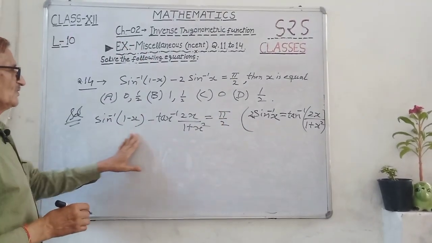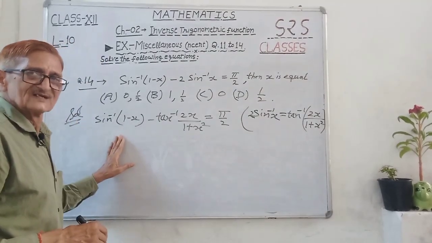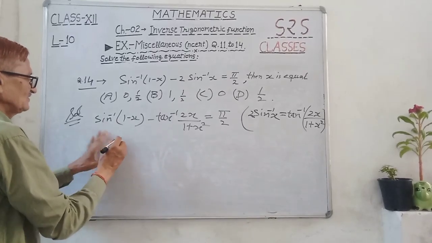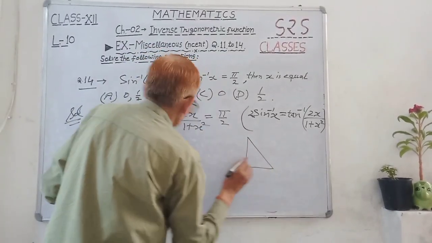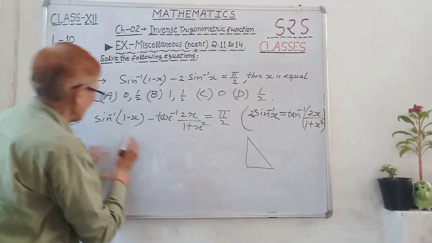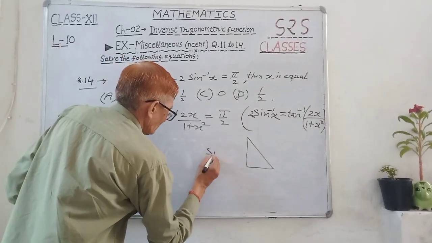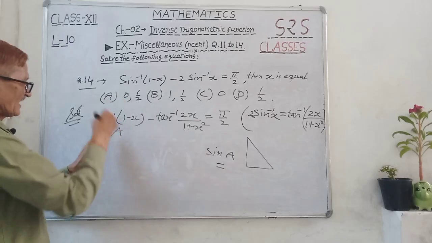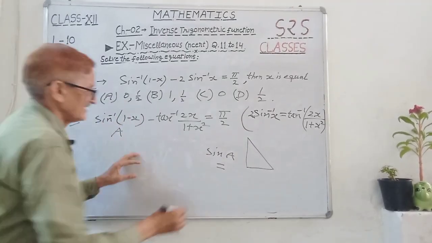Now sin inverse is in one term and tan inverse in the other, so we convert this into tan inverse using a triangle. Let sin inverse (1 minus x) be A, so sin A is 1 minus x.